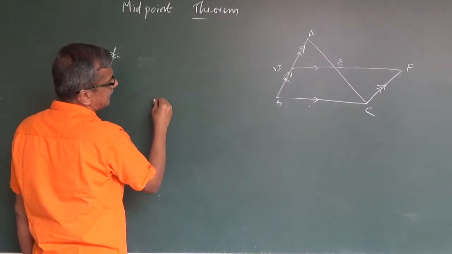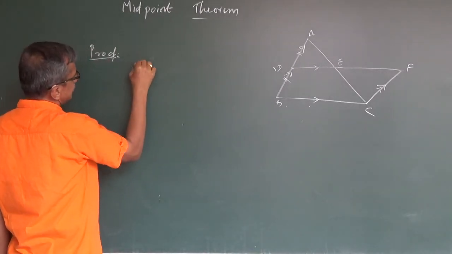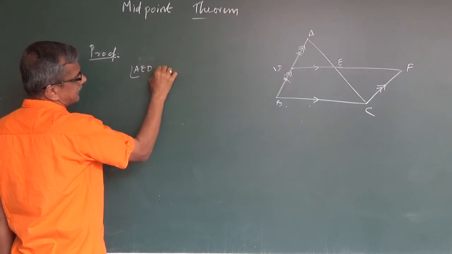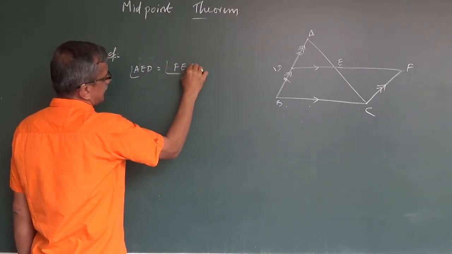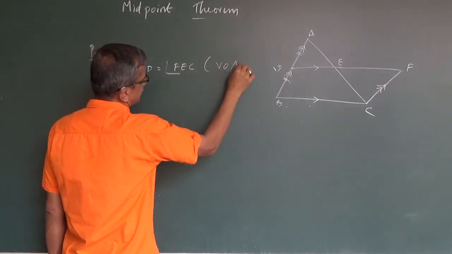Before that, we will see angle AED. This is the second part. Angle AED is equal to angle FEC, vertically opposite angles are equal.